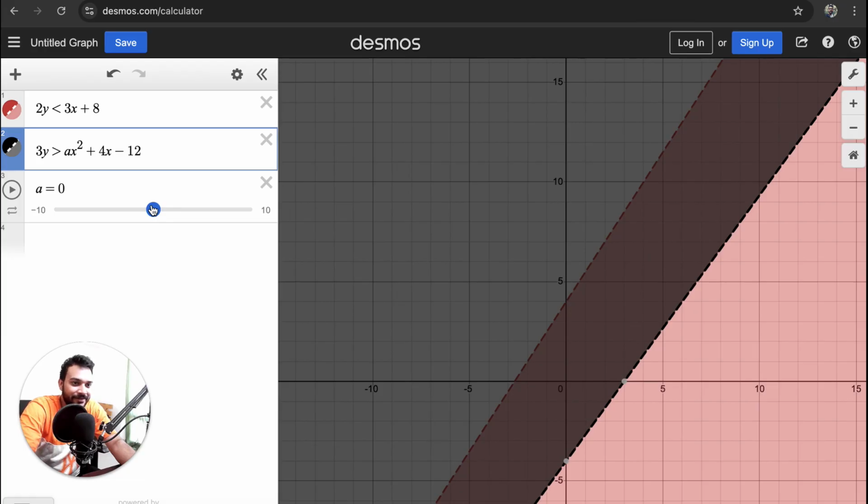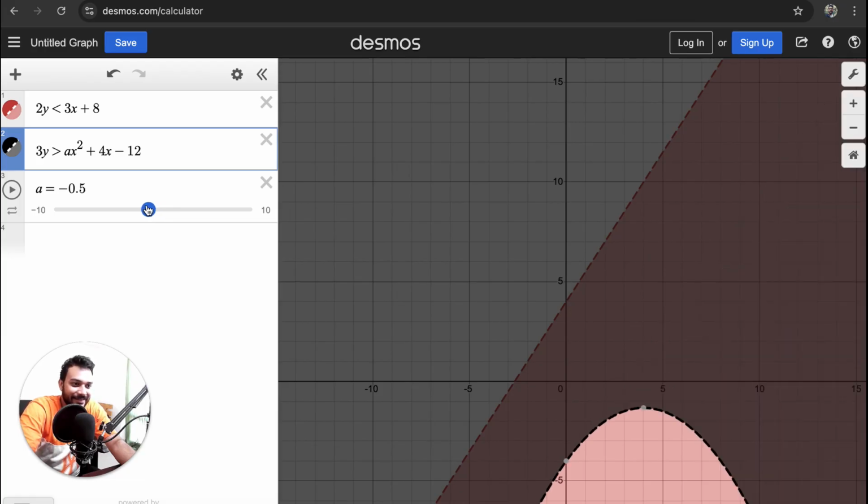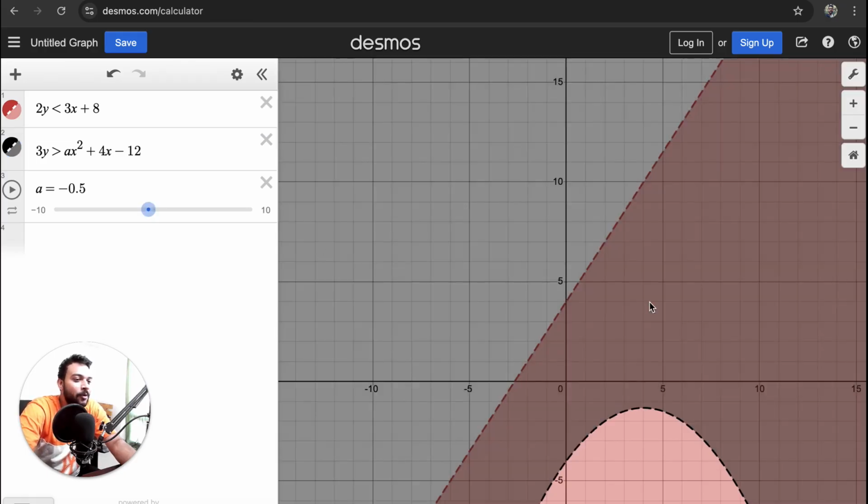At 0 it's linear and starts flipping. But the moment it flips, the solution set is now bigger, because what's inside the parabola is no longer the set, because the equation has changed. Now y is greater for all points outside the parabola. Okay, so this is how you can analyze the nature of the curve.